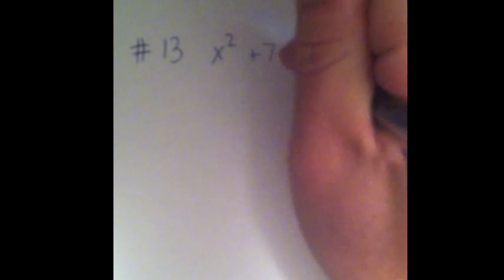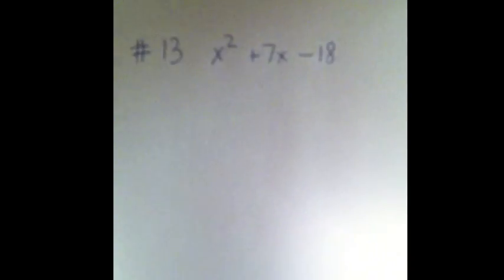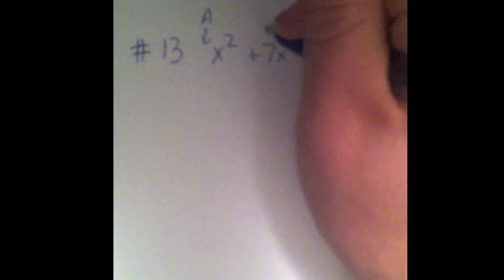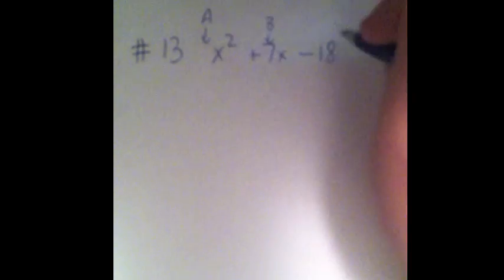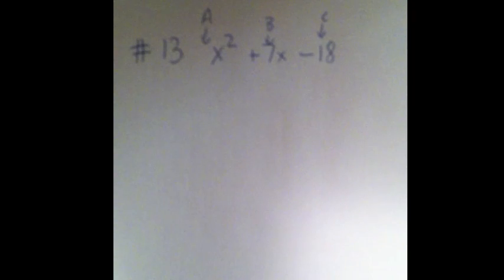Okay, so question number 13. Sorry, it's a little bit blurry. X squared plus 7x minus 18. And just like the other problems, we're going to label our coefficients as A, B, and C. And then we're going to draw our box.